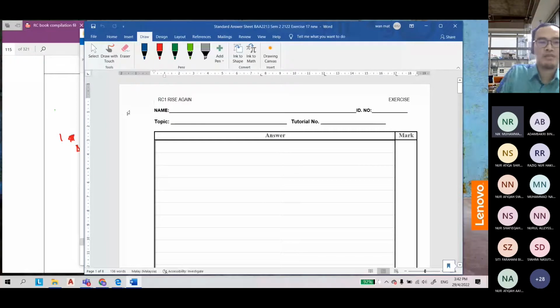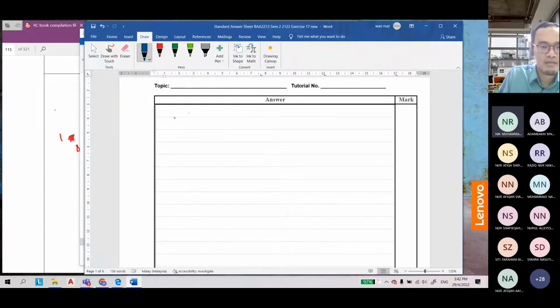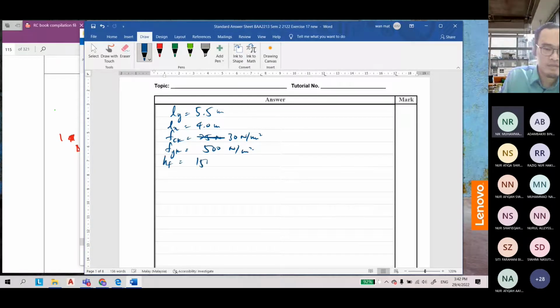So the situation is here. Ly is equal to 5.5 meter. Lx is equal to 4.0 meter. The fck is equal to 30 Newton per millimeter square. The fyk is equal to 500 Newton per millimeter square. The hf is given as 150 millimeter.